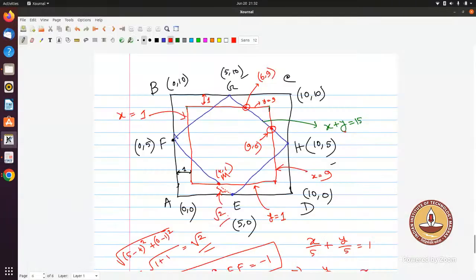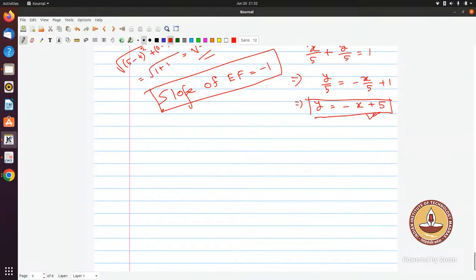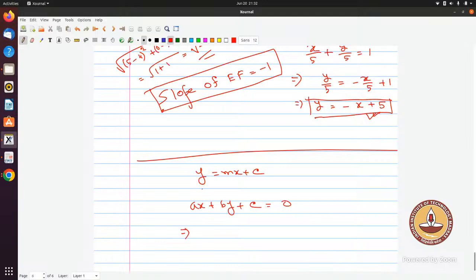So basically, those are the same thing. All the different forms of the equation are eventually giving you the same thing. One is y equal to mx plus c, this you know. Another is ax plus by plus c equal to 0. I can express it in the form y equal to mx plus c. Now this one is your slope, and this one is your y-intercept, minus c by b. So this is in the form y equal to mx plus c.